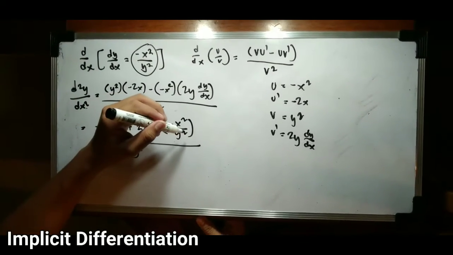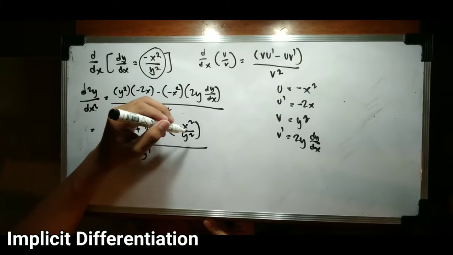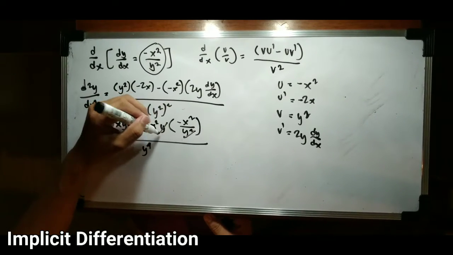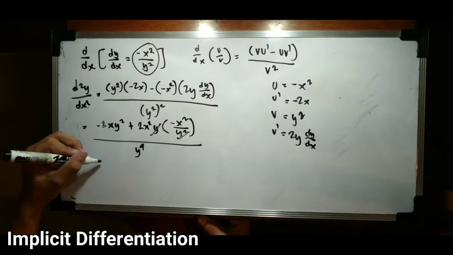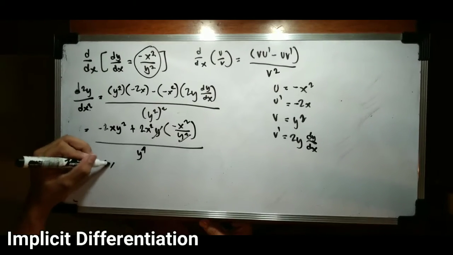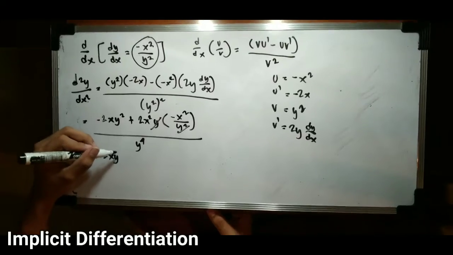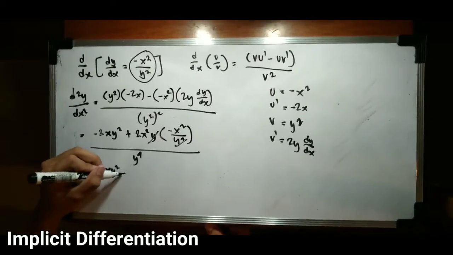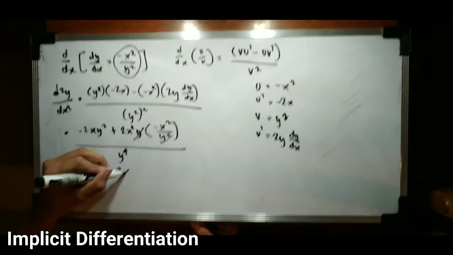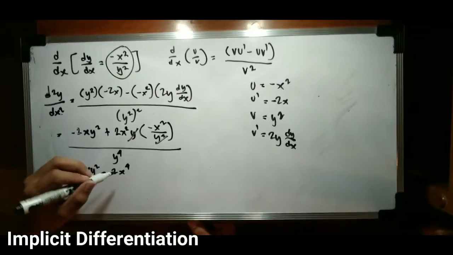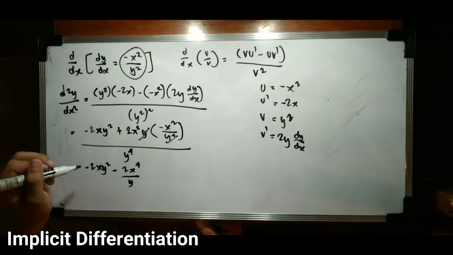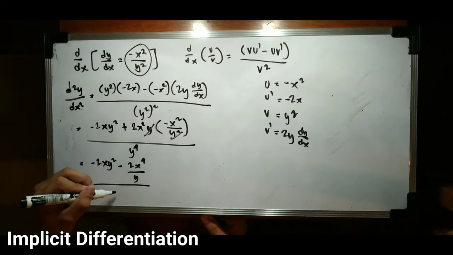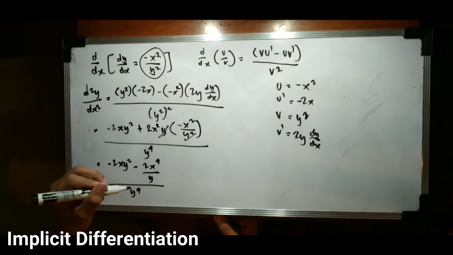So this will get cancelled. This will also get cancelled. So this will become negative 2xy squared minus 2x raised to 4 over y, all over y raised to 4.